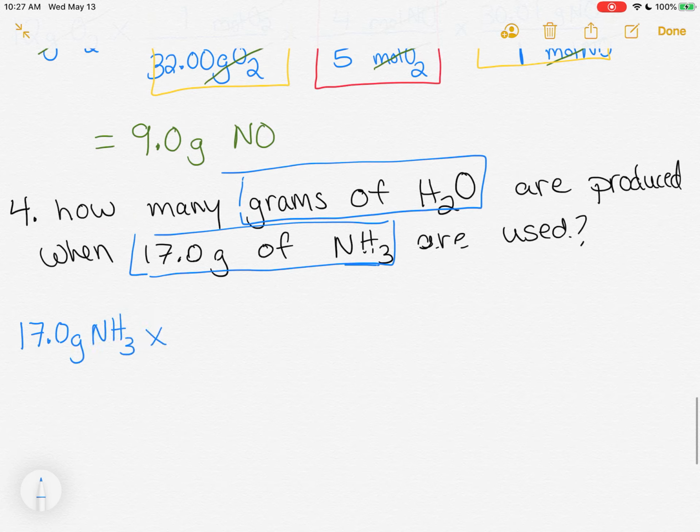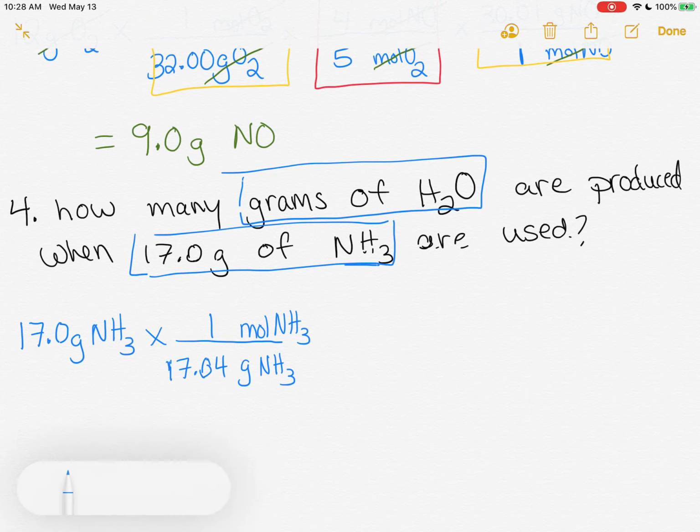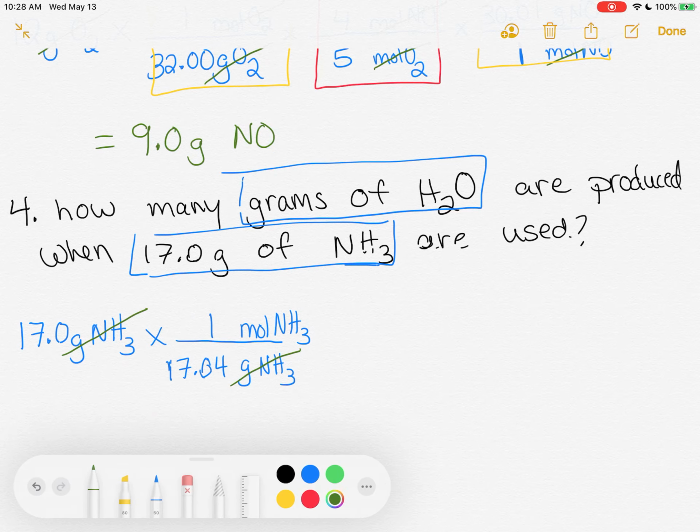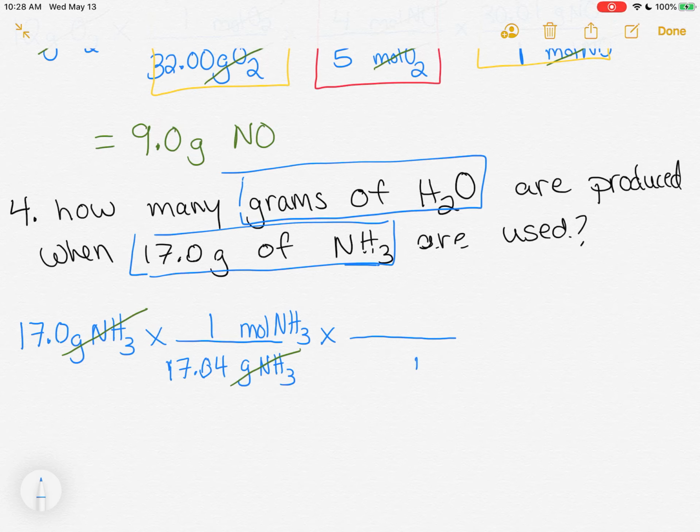So we're starting with our 17.0 grams of ammonia, and we're going to have to multiply by that molar mass conversion factor to get moles of ammonia from grams of ammonia. So 1 mole of ammonia was our 17.04 grams. Okay, and that's going to allow us to cancel out our grams of ammonia.